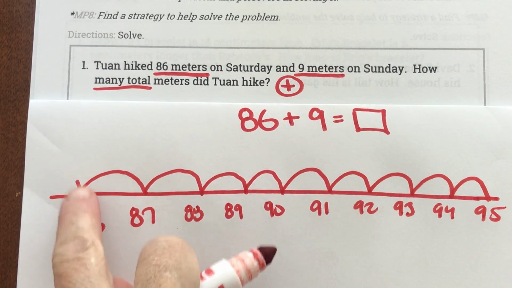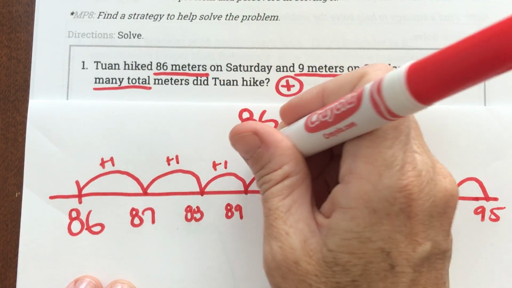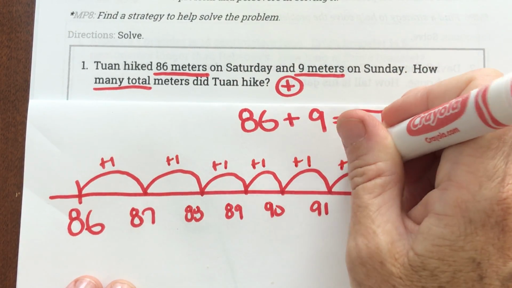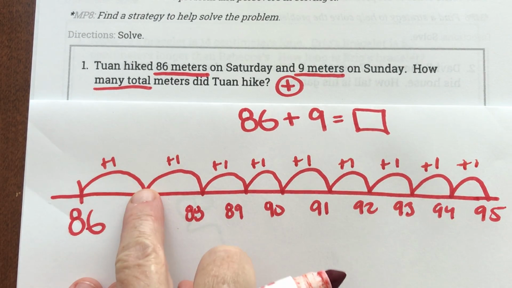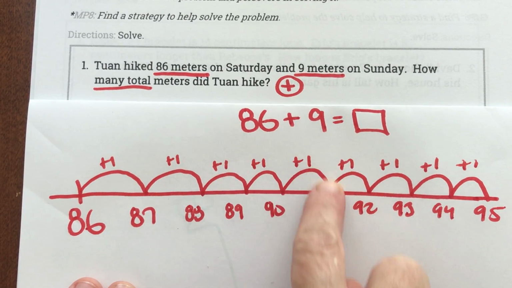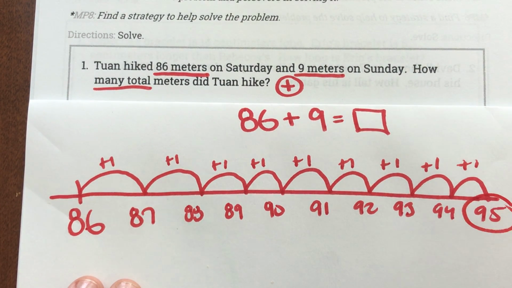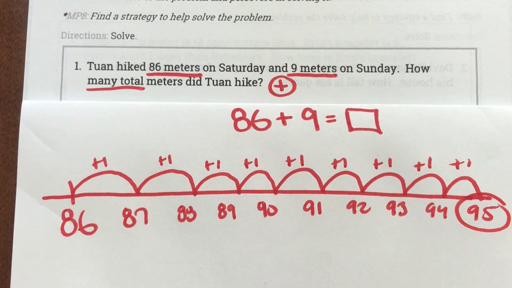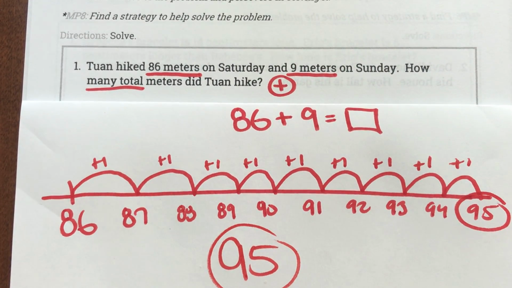So I made how many counts? I counted on 1, another 1, another 1. So all of my counts were just counts of 1. And how many did I make? 1, 2, 3, 4, 5, 6, 7, 8, 9 counts. So I added 9 and I came up with the answer of 95. So he hiked a total of 95 meters on Saturday and Sunday.